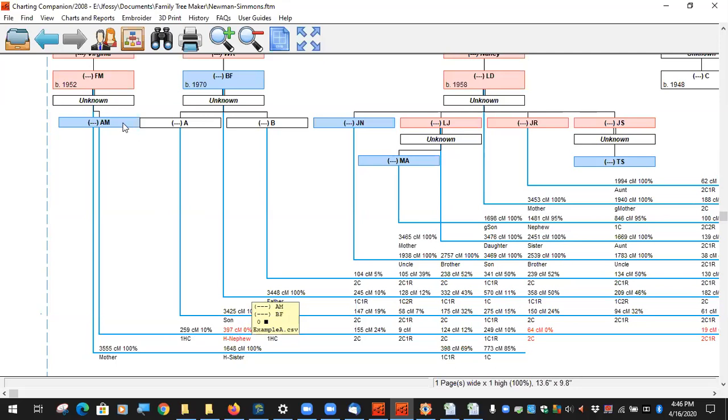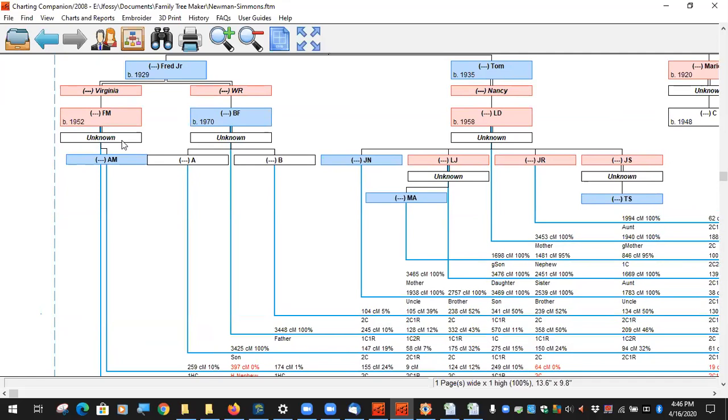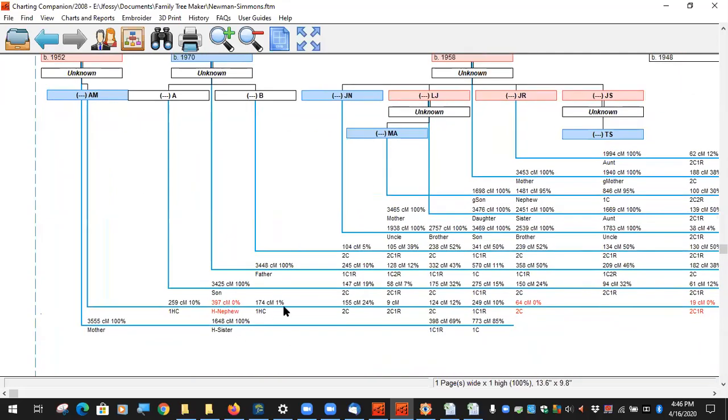It's just that AM got probably a lot more of her father or her grandparents' DNA, or a lot less of this Fred's DNA, probably more of her Virginia's from FM. And A and B probably got a lot more of their WR's DNA than Fred's.